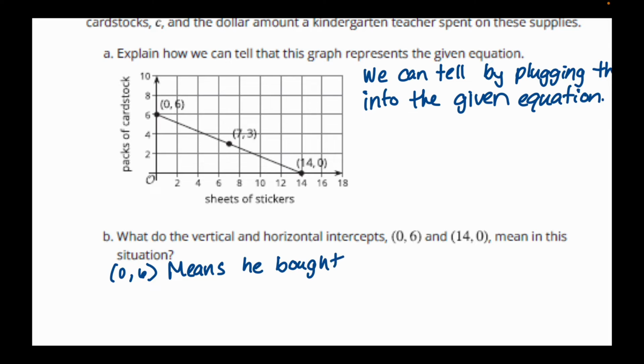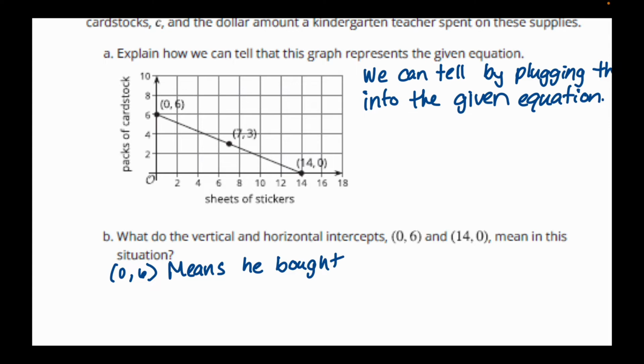Now we're going to have 0 of one type of item and 6 of the other. So on our horizontal axis, that's sheets of stickers. That's our x value of 0. So he's going to have purchased 0 sheets of stickers and 6 packs of cardstock.